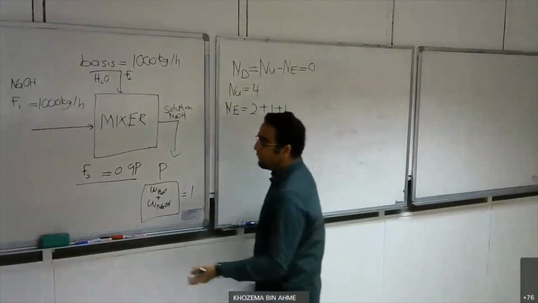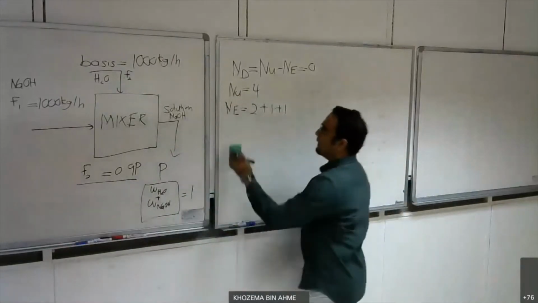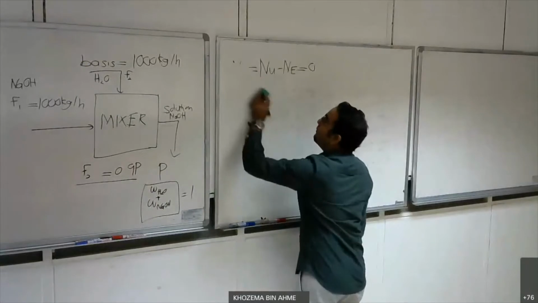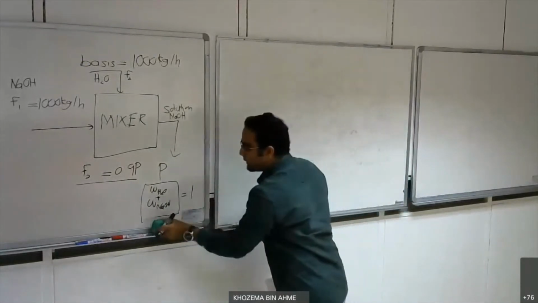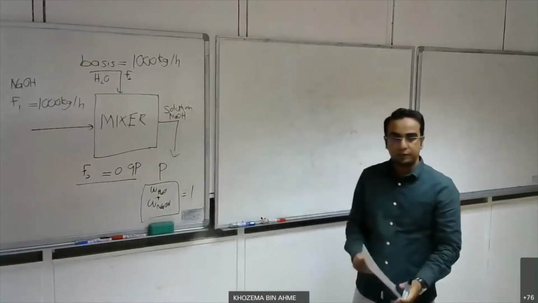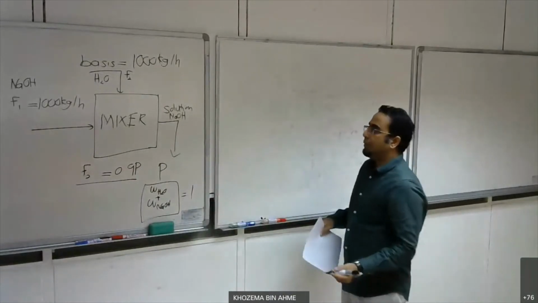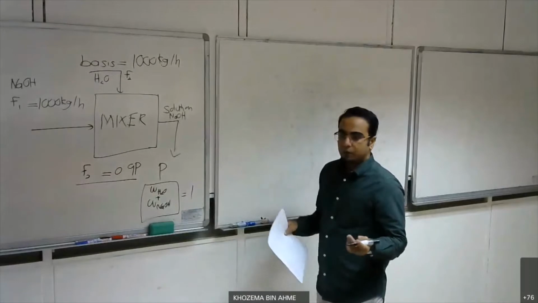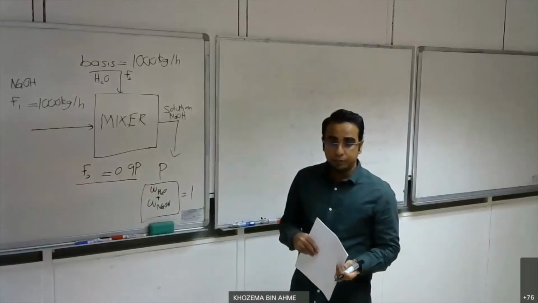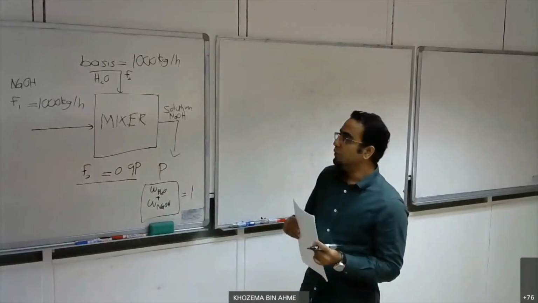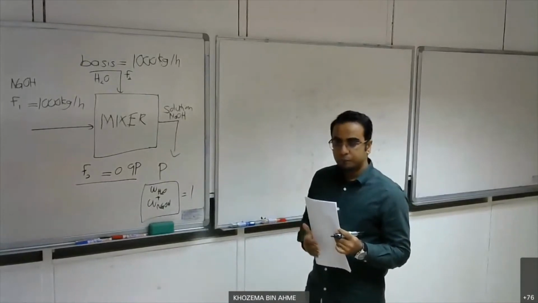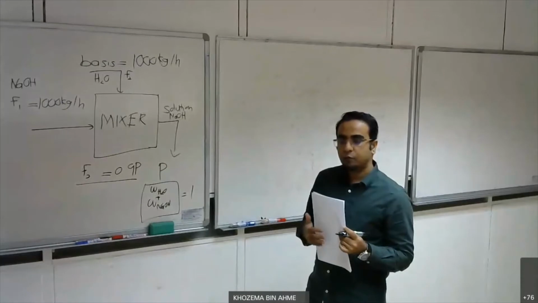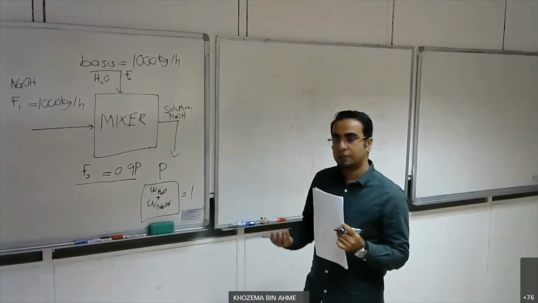Now today we're going to be looking at step number 5. Before we do step number 5, we have to go back to our first and second lecture. Remember we have this general material balance equation, right? I've mentioned that we have type of system, type of process, and also either steady state or unsteady state.